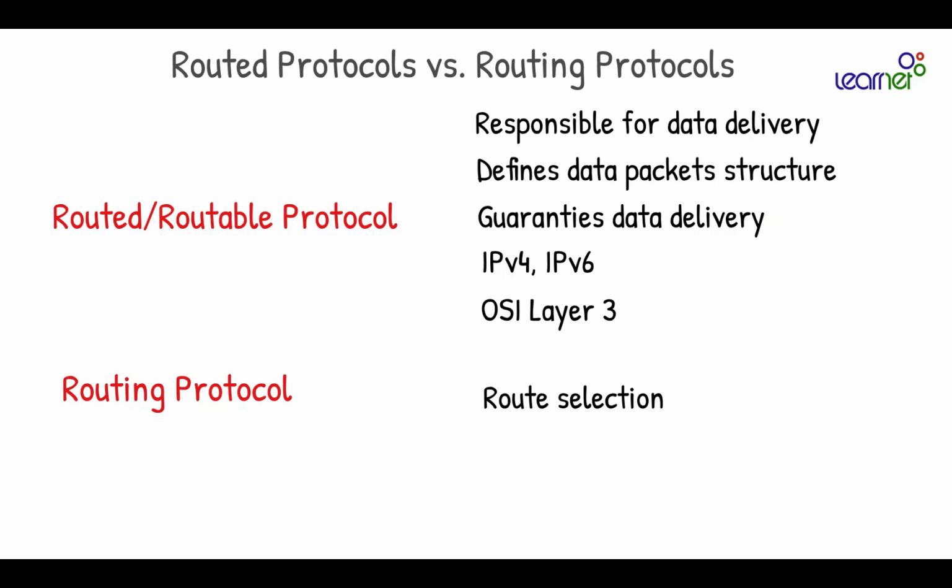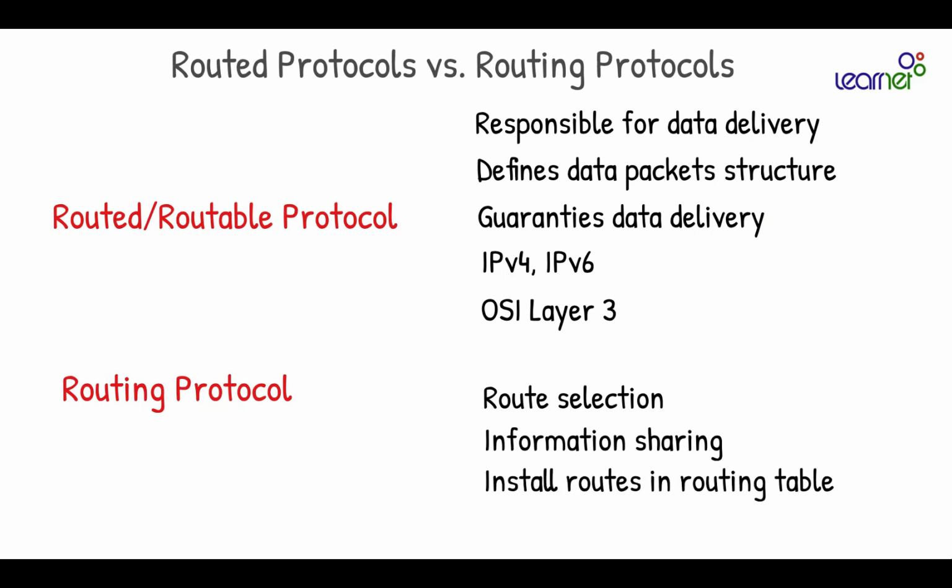They exchange routing information, called advertisements in routing terminology, with other routers and build routing tables to make dynamic decisions based on network topology changes. Examples of routing protocols include RIP, OSPF, EIGRP, and BGP.